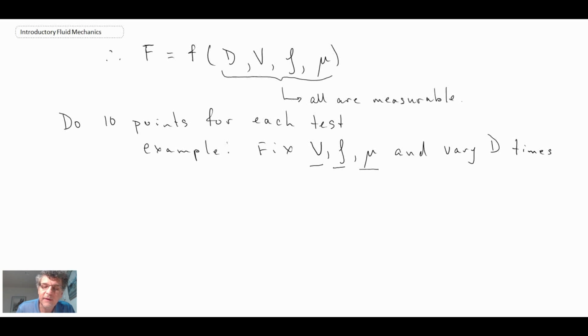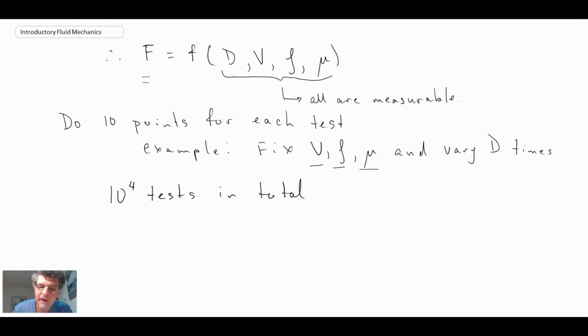So if you look at this and the fact that we have these 4 parameters and then this 5th one that we're interested in measuring, and if we were to do 10 tests for every one of these combinations, you would end up with 10 to the 4 tests that you need to conduct. That is quite a large number, and these tests aren't going to take place very quickly.